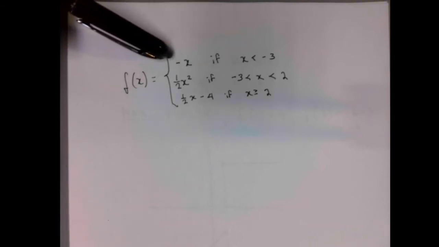We got 3 separate rules. If x is less than negative 3, we're going to use this first rule. If x is between negative 3 and positive 2, we're going to use this second rule. In fact, let me do that like that, just so we have all the bases covered. The way I had written it, x equals negative 3 was sort of left out.